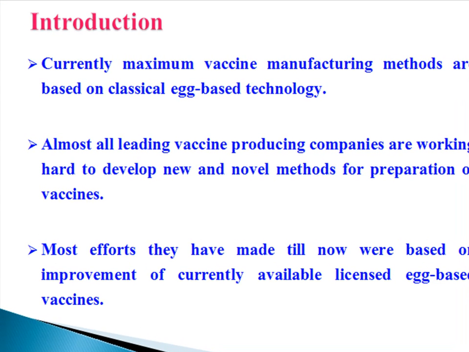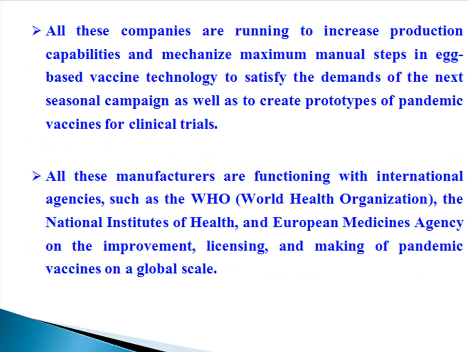Most efforts made till now were based on improvement of currently available licensed egg-based vaccines. All these companies are racing to increase production capabilities and mechanize as many manual steps as possible in egg-based vaccine technology to satisfy the demands of the next seasonal campaign as well as to create prototypes of pandemic vaccines for clinical trials.